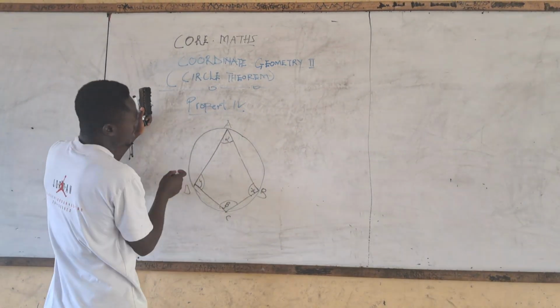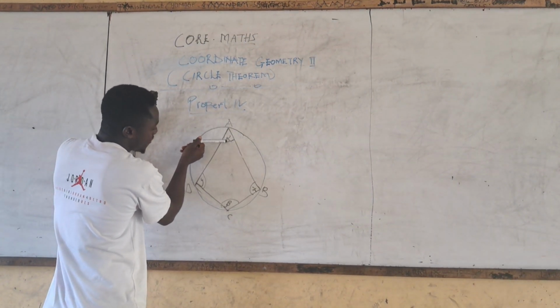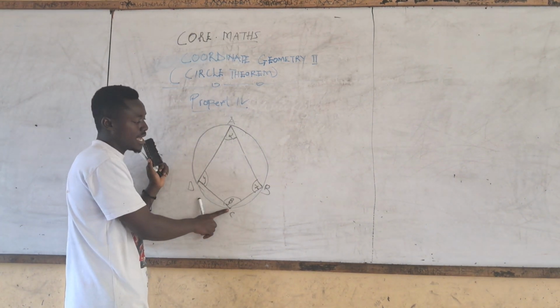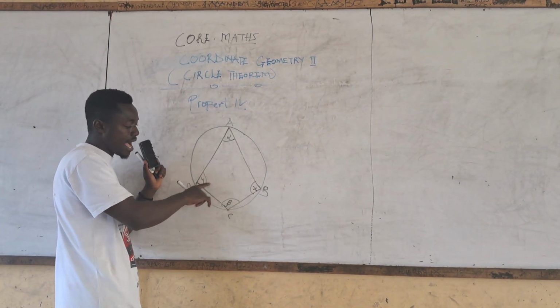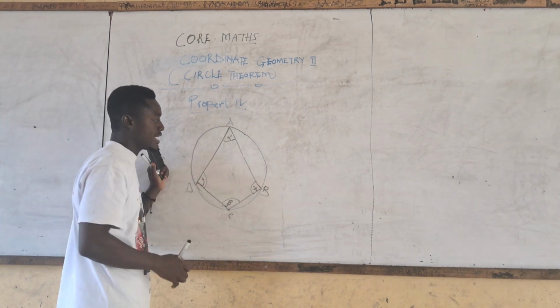As you can see, the angle here, that's alpha, is opposite the angle beta. And you also can see that the angle y is opposite angle x.